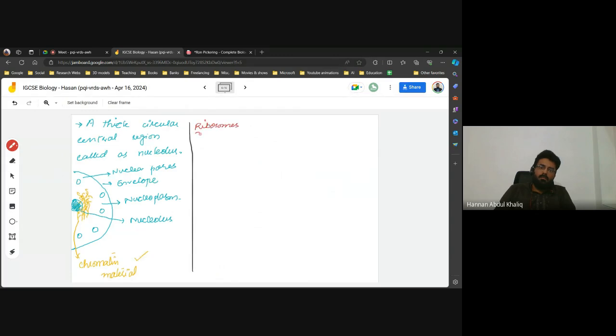About the ribosomes, these are the tiniest particles of any cell, and they are common in all life forms. There is no distinction between prokaryotic and eukaryotic ribosomes.